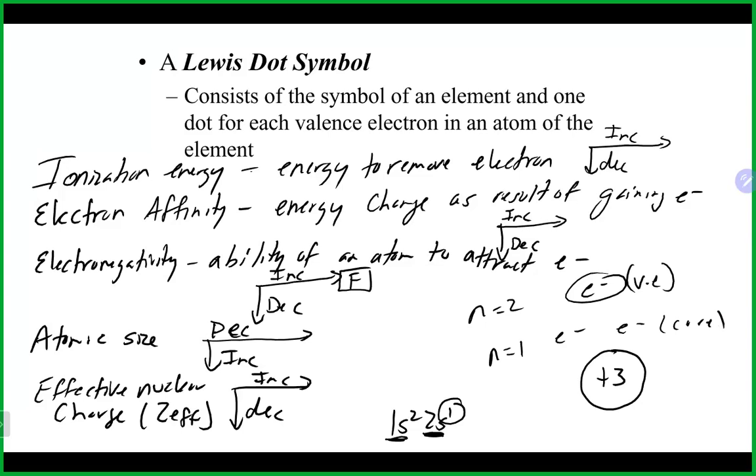That means those core electrons feel the full brunt of that +3 attraction. The strength of a positive and negative attraction depends on the size of the charge, so a +3 is going to be a much stronger attraction than a +1 and a -1. So the core electrons feel a full +3 charge, and they're held really, really tight.